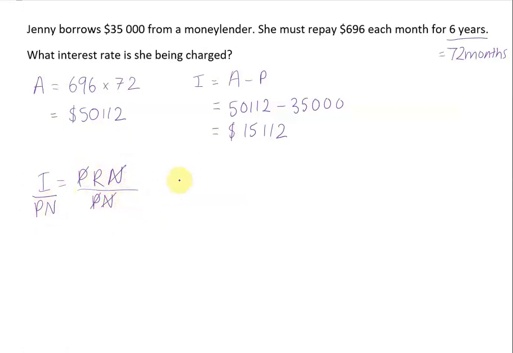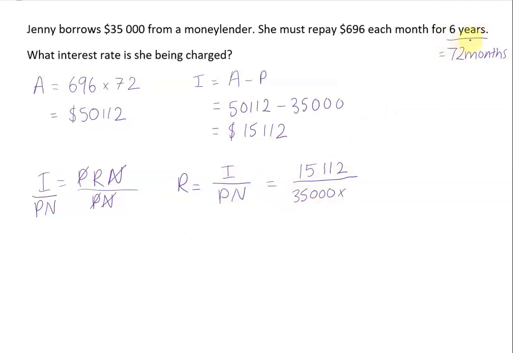So we're going to have the interest rate is equal to interest over principal times the number of investment periods. If we substitute our values into this formula, we have interest was equal to $15,112 over the principal amount that Jenny borrowed, $35,000, times N, the number of investment periods.